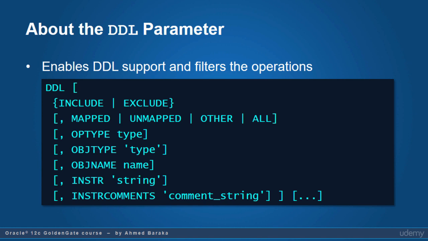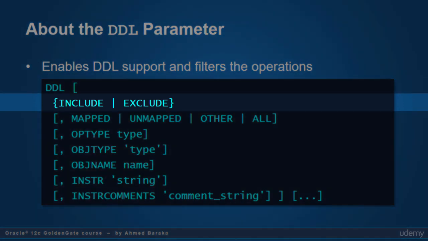The DDL parameter is the most important parameter for configuring DDL replication in Oracle GoldenGate. It is used to enable the DDL support, filter the DDL operations, and configure a processing action based on a DDL record. Its syntax may look long, but using it is actually easy. INCLUDE and EXCLUDE keywords identify the beginning of an inclusion or exclusion clause respectively.